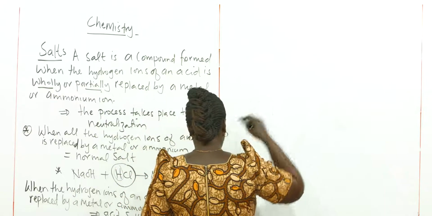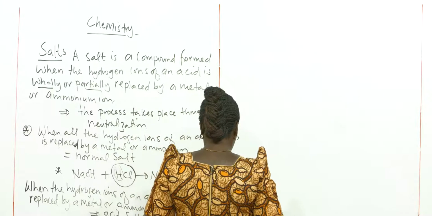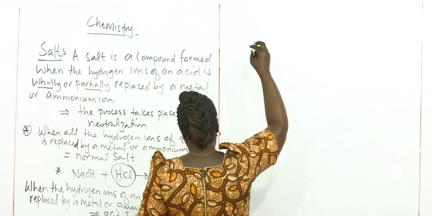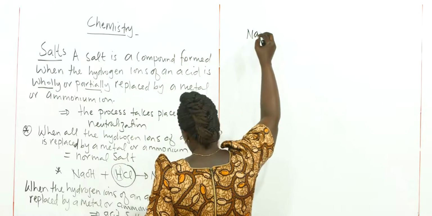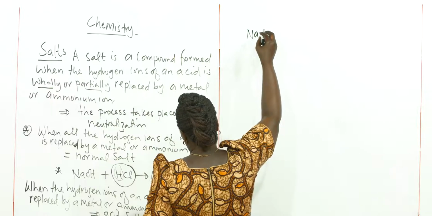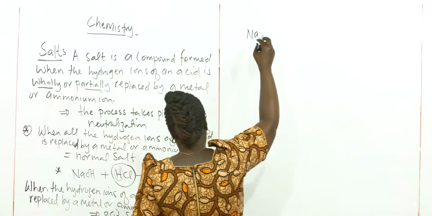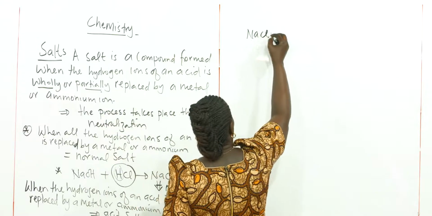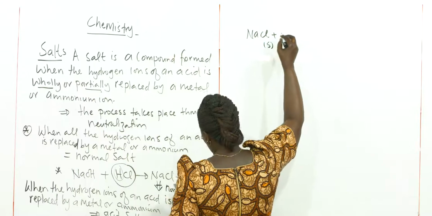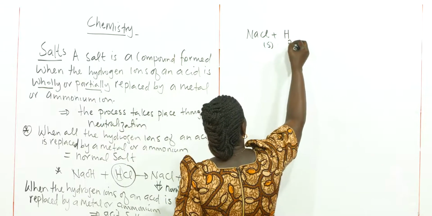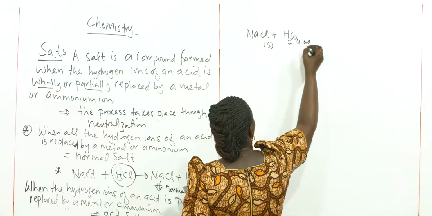We have sodium chloride, which is a salt, plus sulfuric acid, that is aqueous.